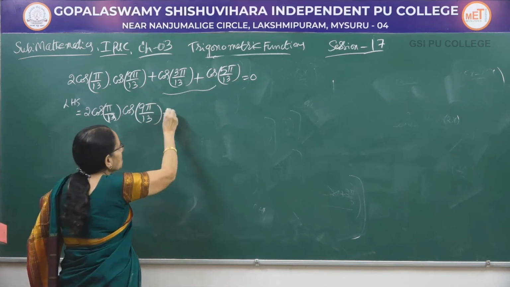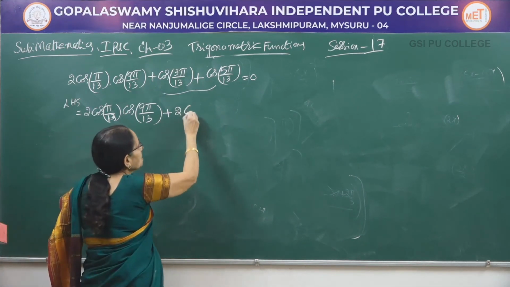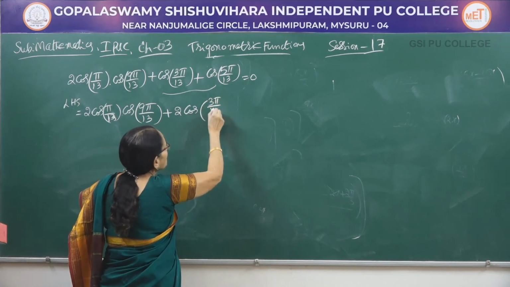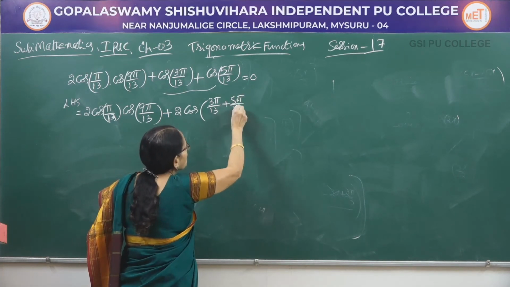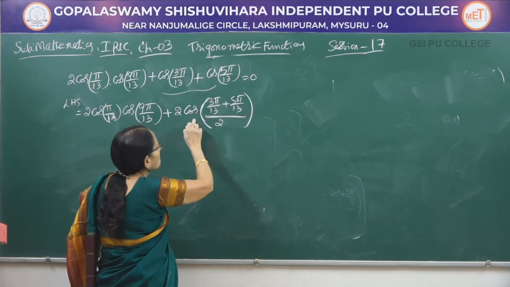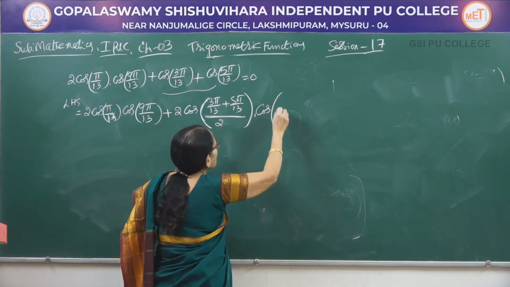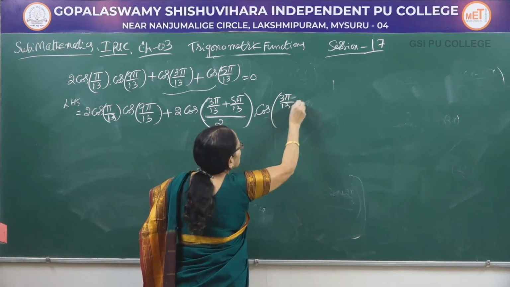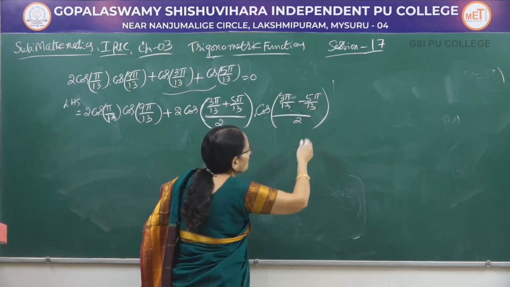Now cos c plus cos d, it is 2 times cos of c plus d by 2. Cos of c means 3 pi by 13, d means 5 pi by 13, whole thing divided by 2. 2 cos c plus d by 2 into cos of 3 pi by 13 minus 5 pi by 13 whole thing divided by 2.